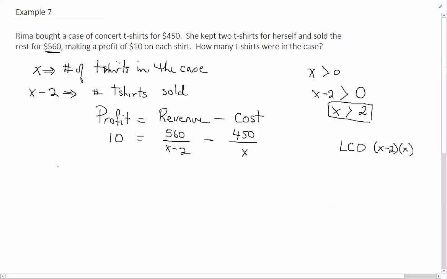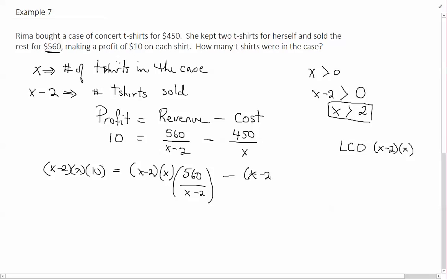So we have x minus 2 times x times 10 equal to x minus 2 times x times 560 divided by x minus 2, subtract x minus 2 times x times 450 divided by x.